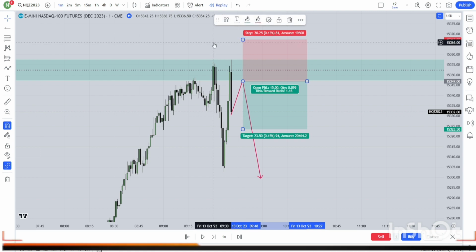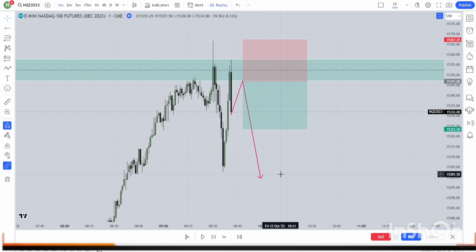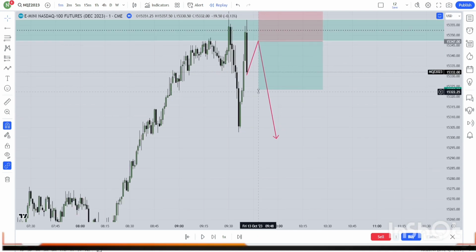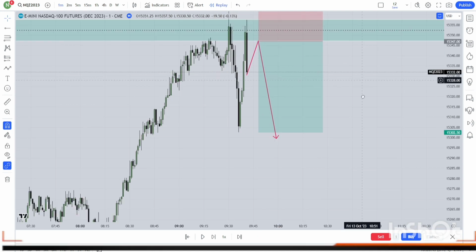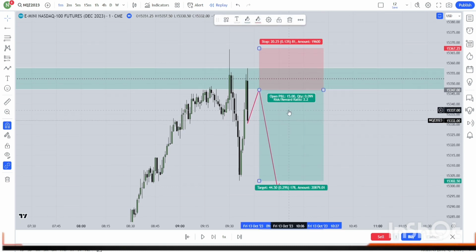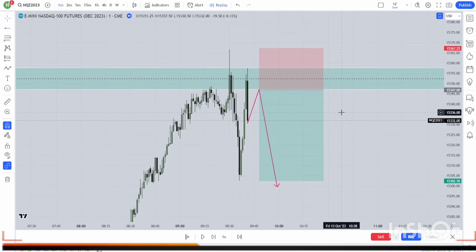It has to be above this swing high, though price won't go that far, but you have to be careful, because sometimes price can go a little higher and then come back down. Your target will be here, and it's about a 1:2 risk reward ratio.